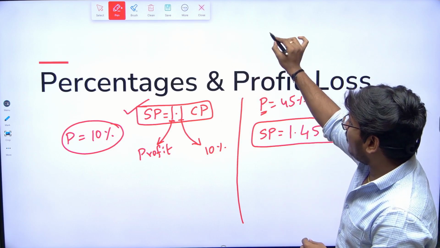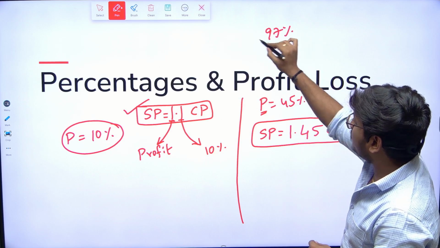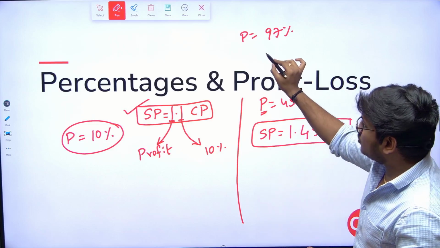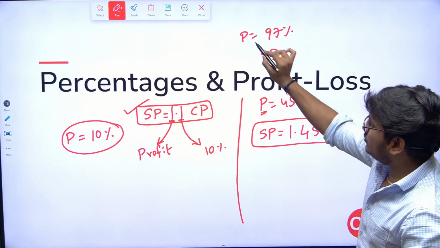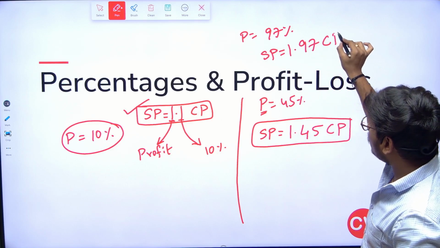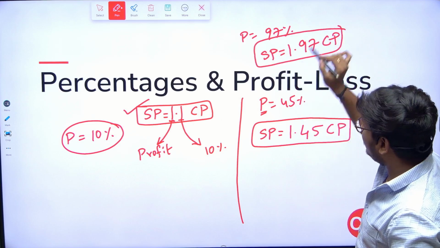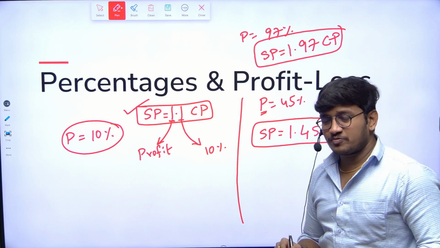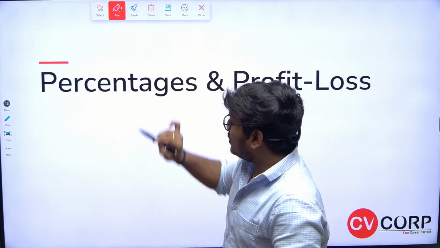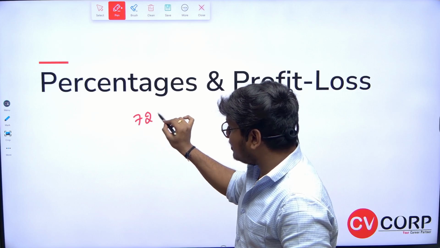Let's say I get a 97% profit. Now you will know that selling price is equal to, if it is a profit, 1.97 times of cost price. This is the relation between selling price and cost price. I hope you all are clear. Now I will ask you a question. What if my profit is 72%?